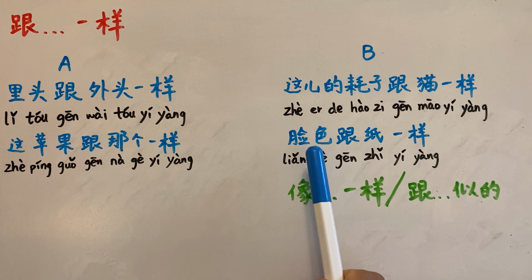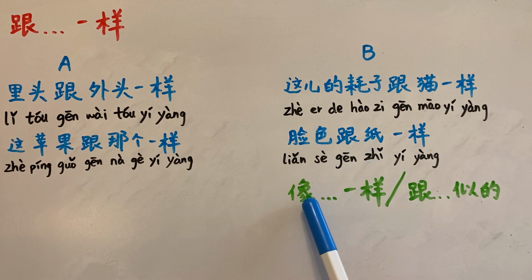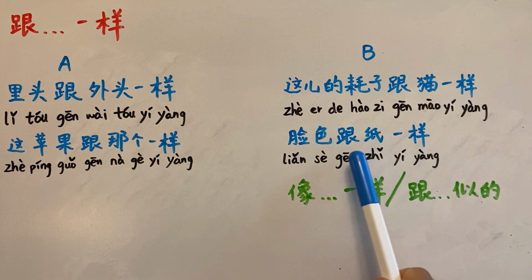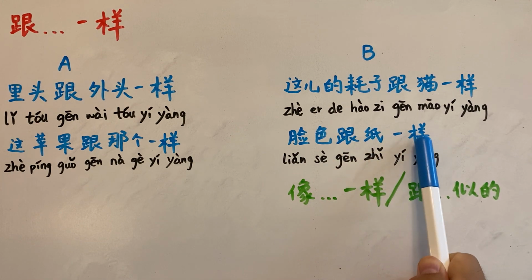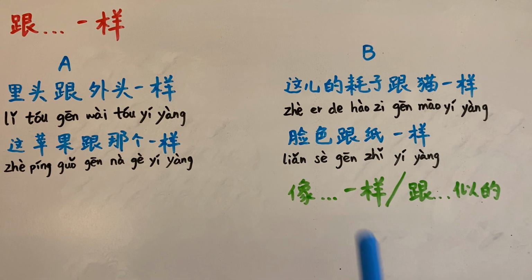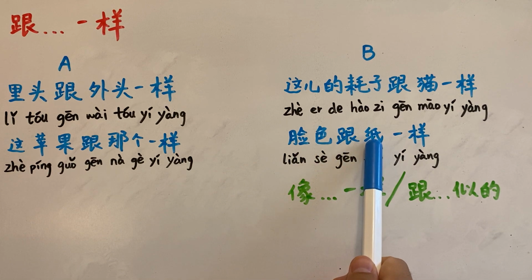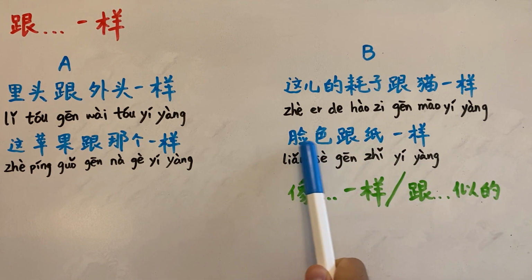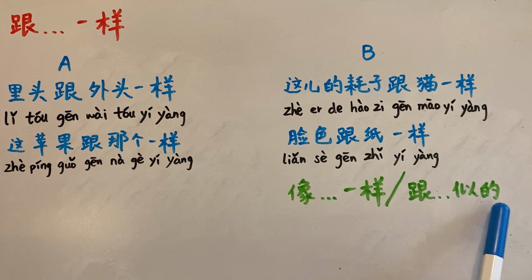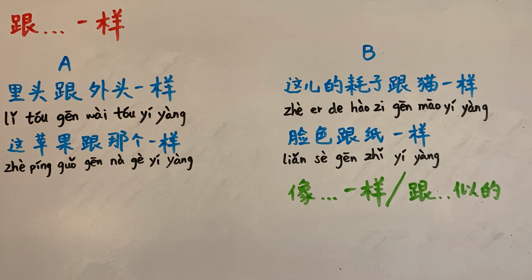The second one, 脸色像纸一样 or 脸色跟纸似的. 他的脸色跟纸似的. The color of his face is just like a sheet of paper.